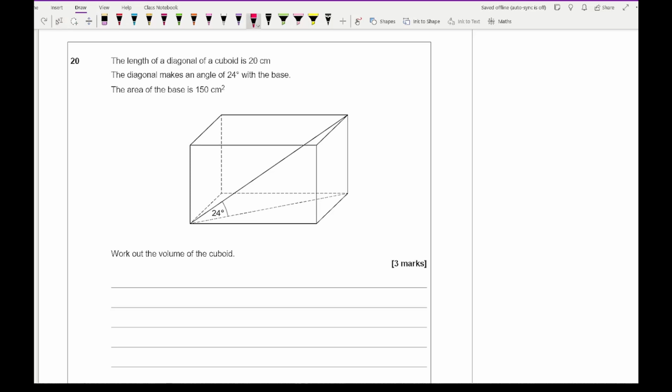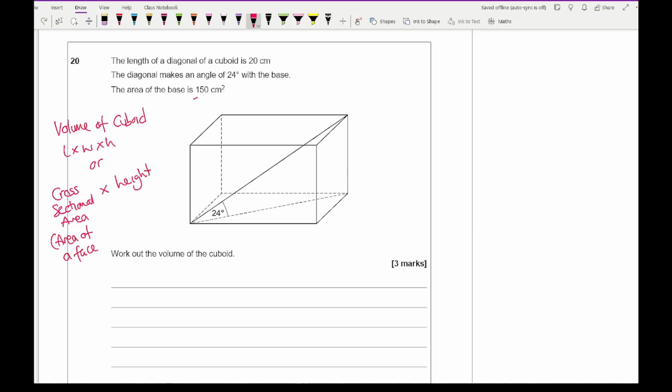So to work this out, the volume of a cuboid is obviously length times the width times the height, but it's also, so let me just write that down, length times the width times the height, or it's the cross section or area, which is basically the area of a face multiplied by the height.